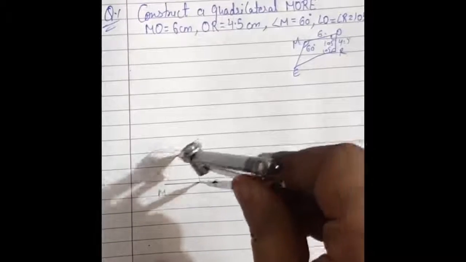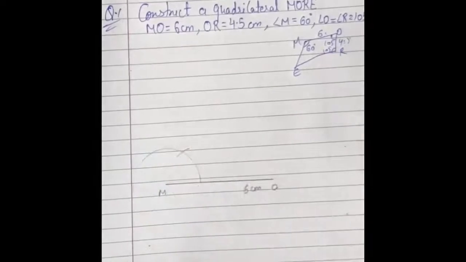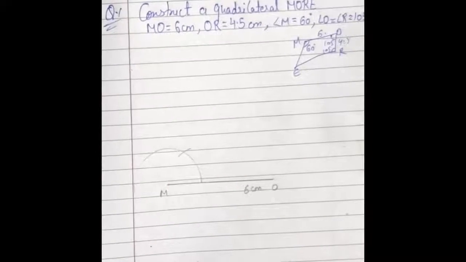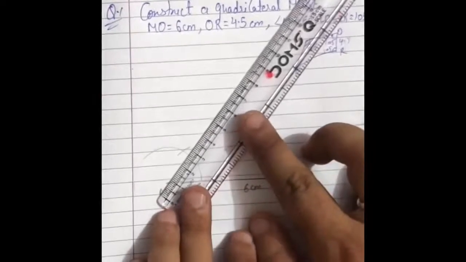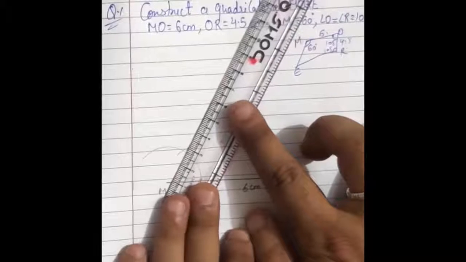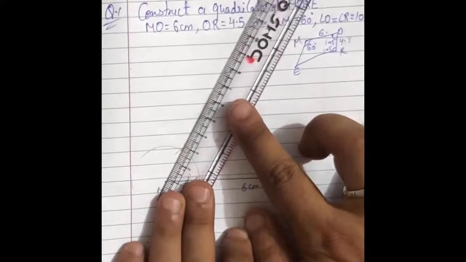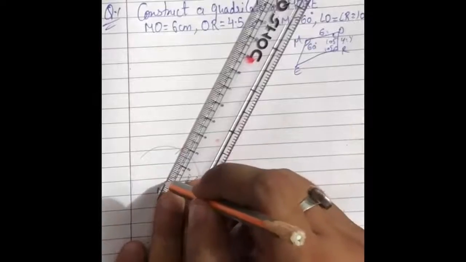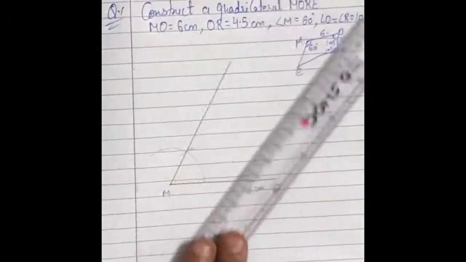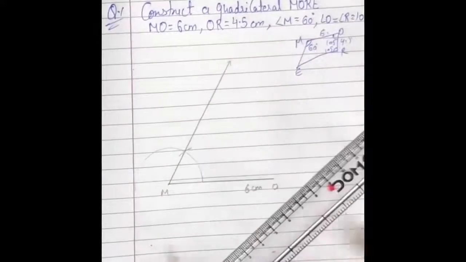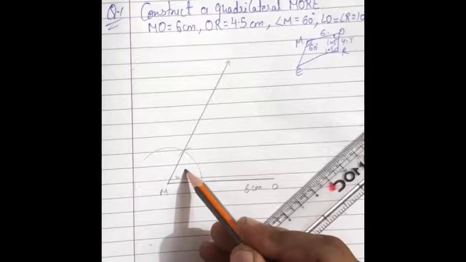The first arc is of length angle 60 degree. So this is angle 60 degree. Now we can draw a line segment like this. This is angle 60 degree.